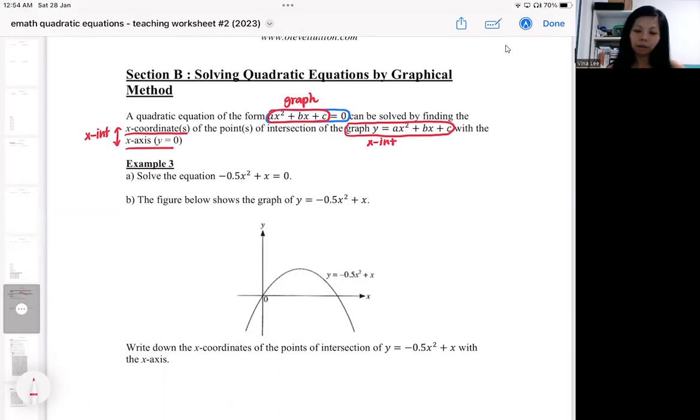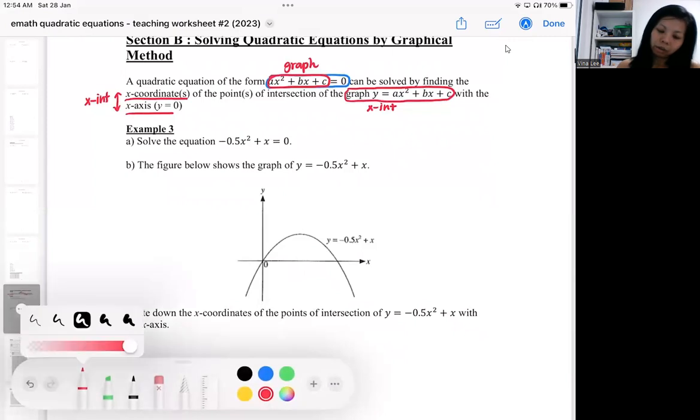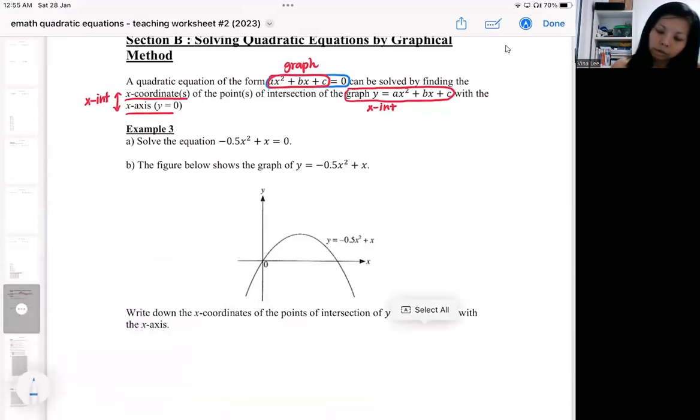So for example, let's take a look at this. In example 3, your job is to solve that quadratic equation. Feel free to use any method that you like. I'm going to do it by simple factorization. I'm just going to be taking out the common factor.